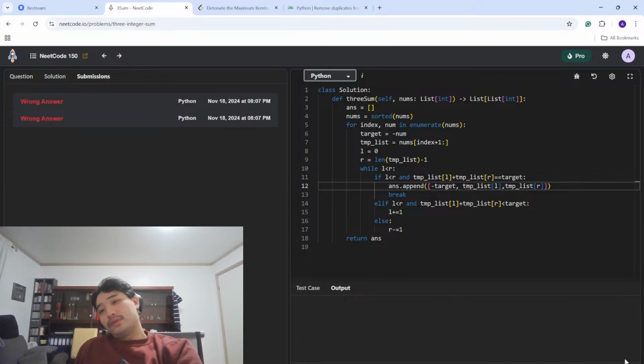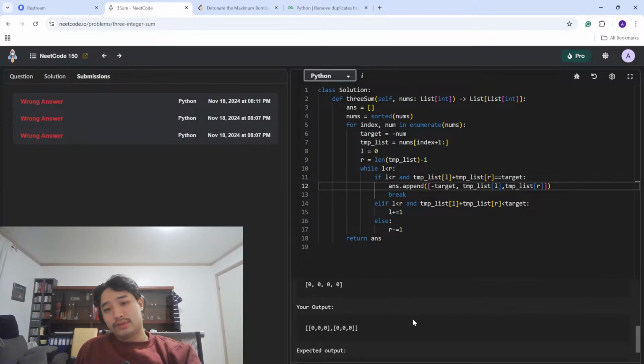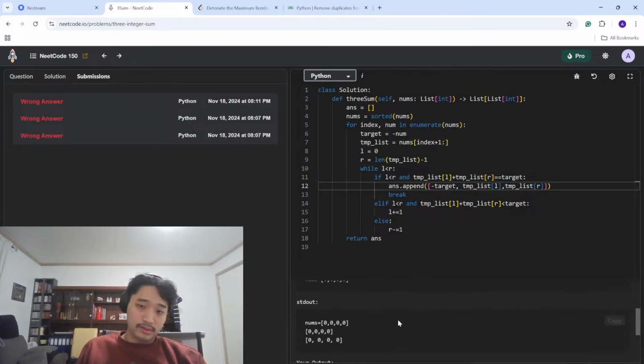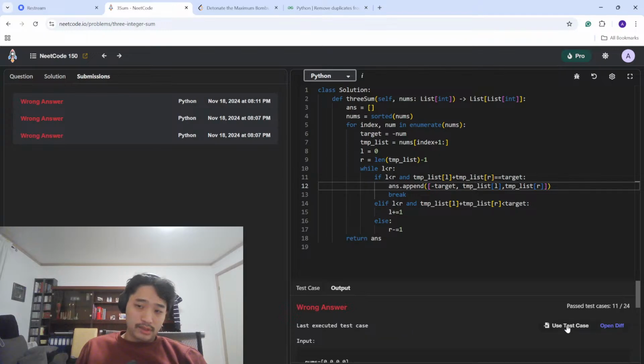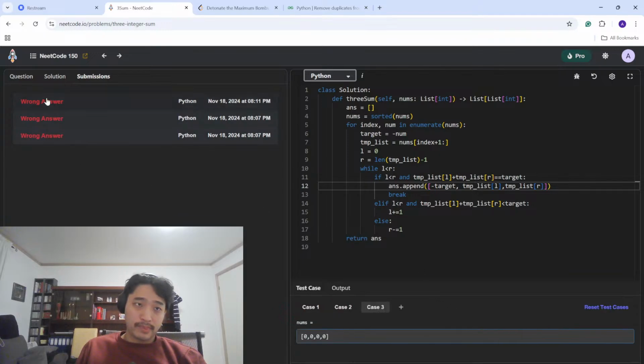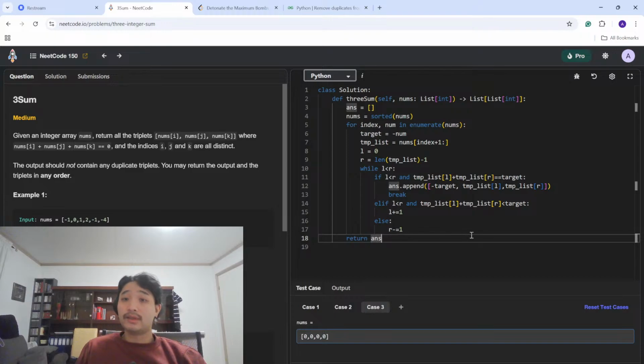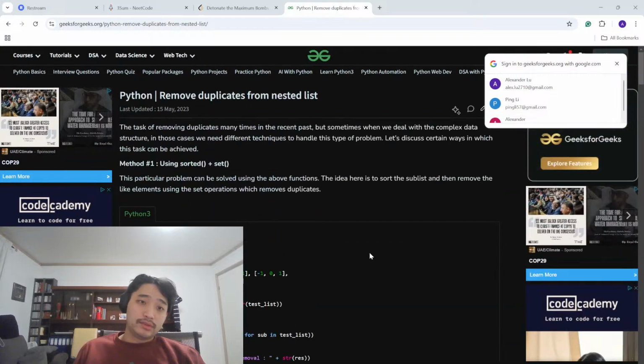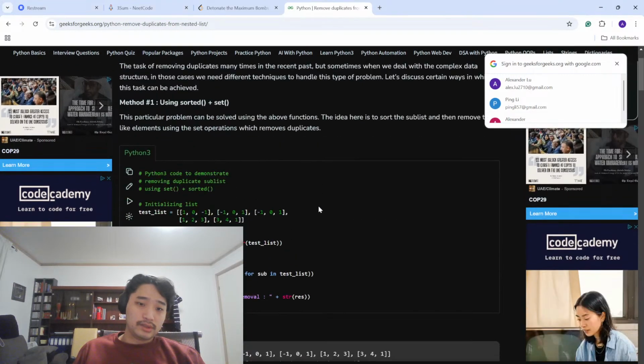It's worked on for all these cases, but it didn't work for this case because obviously these are the same. And I completely agree. Okay, I think this solves it by using this.